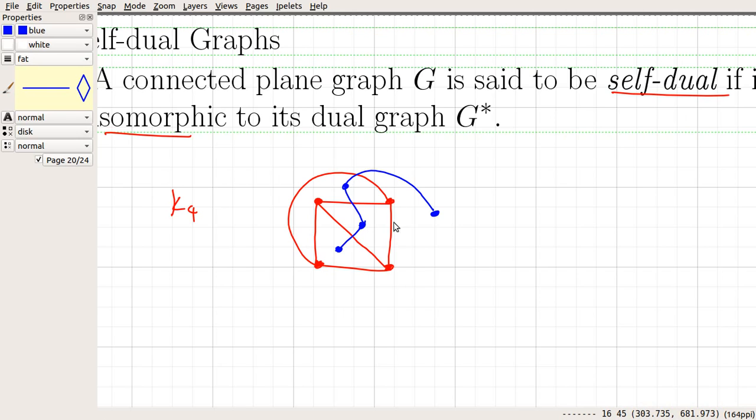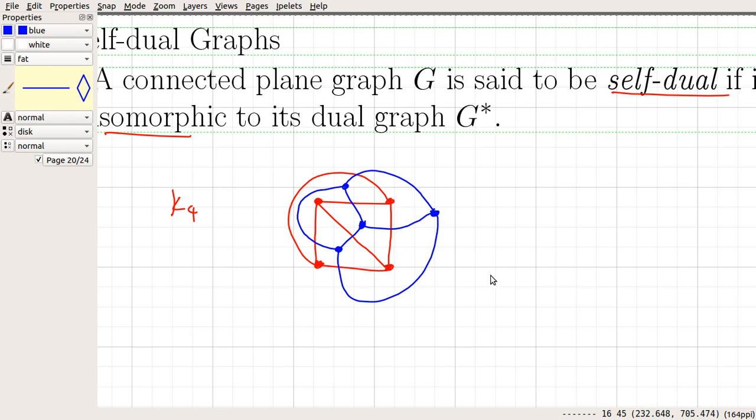Similarly, this edge is on the boundary of this region and this region, so we have this edge. Okay, so one more edge is remaining. We have this edge and that is on the boundary of this region and this region, so we have this edge.